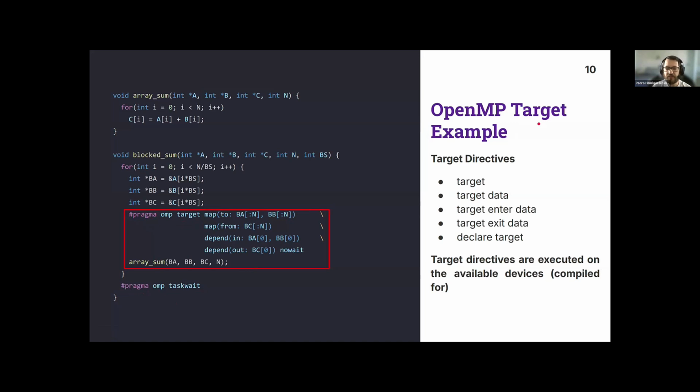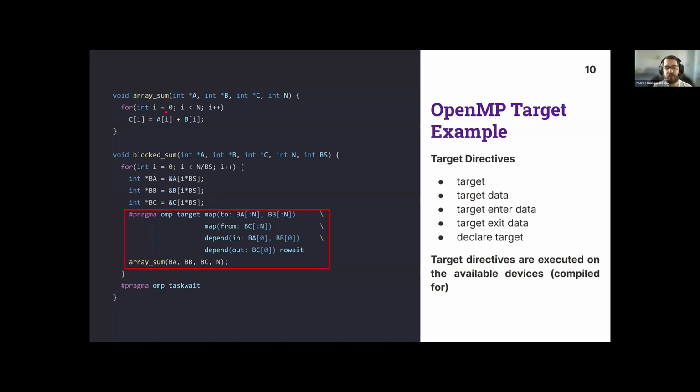Targets you can understand as other devices that can be CPUs, GPUs, FPGAs, and all those things. Whenever you have a target directive, it means that the following function will be compiled for a given device.